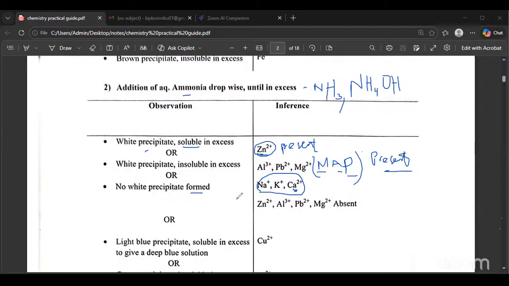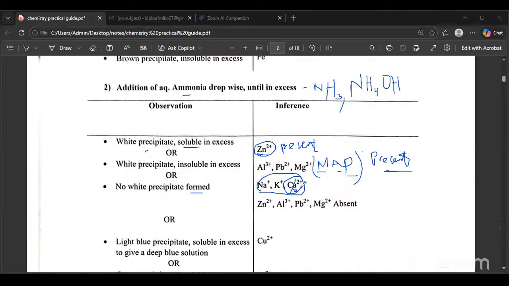So I say this: when there is no white precipitate formed, most of the time students forget the calcium. People write calcium, and there is a reason for that. It has been said very well everywhere that the salts of potassium, sodium and ammonium are soluble, all of them. So you don't have to write calcium.